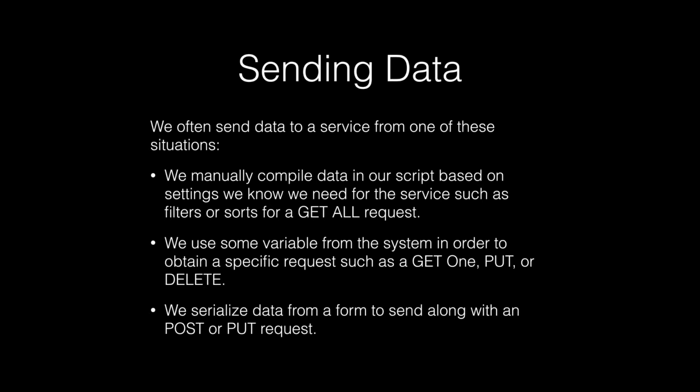We will manually compile the data in our script based on settings that we know we need for the service, such as filters or sorts for a get all request. Or we use some variable from the system in order to obtain a specific request, such as a get one, a put, or a delete. And another option is that we might serialize data from a form to send along with a post or put request. We're going to look at examples of each of these next.